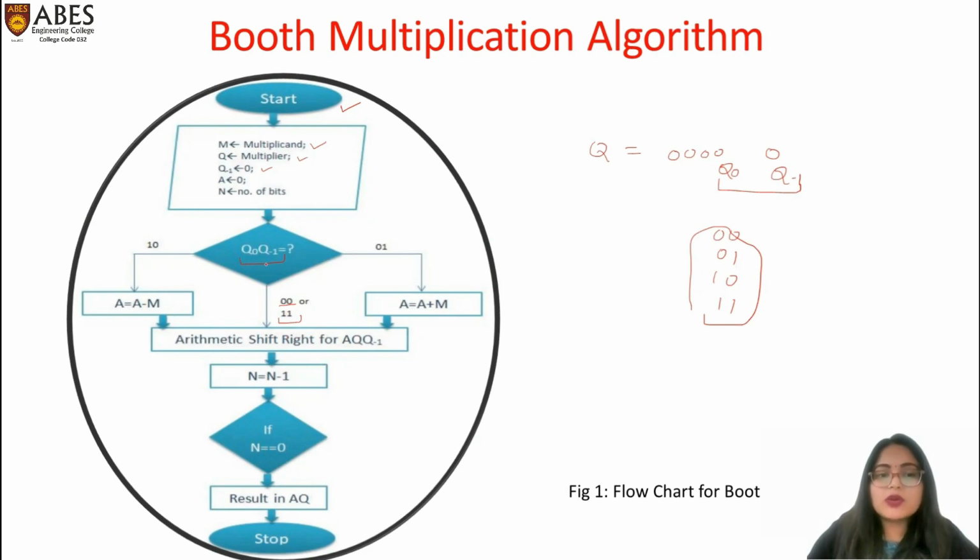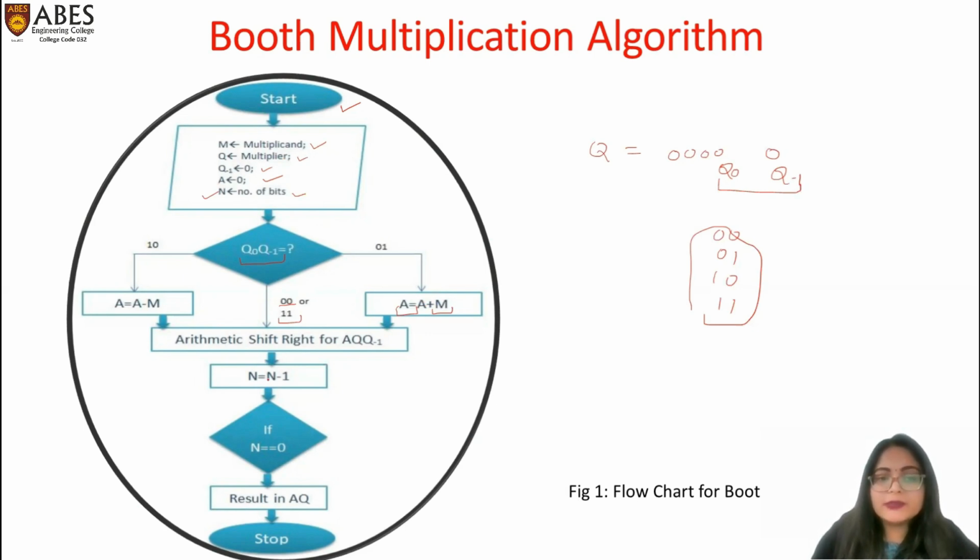But if this combination becomes 01, then we need to add M to the accumulator. For that, first we need to initialize the accumulator with 0, and the number of bits will be the same as M. Now n is the number of bits, and it is treated as the counter for the number of cycles this algorithm is going to work.